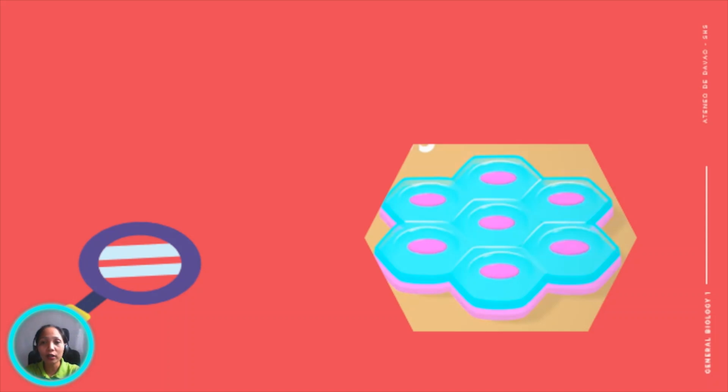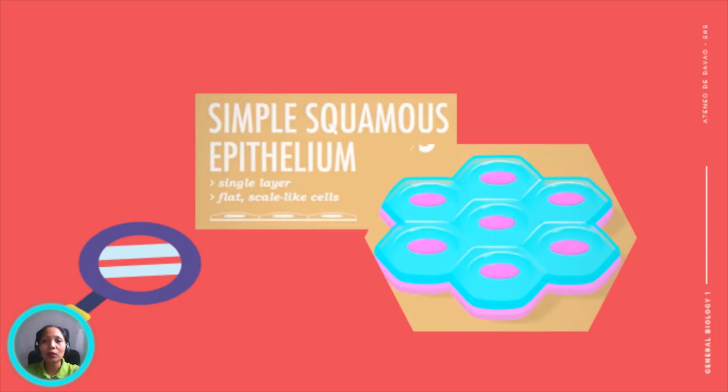So therefore, we can see here that there is only one layer of cell, and the shape of the cell looks like a flattened shaped cell. Therefore, it is squamous. So this is named as simple squamous epithelium.